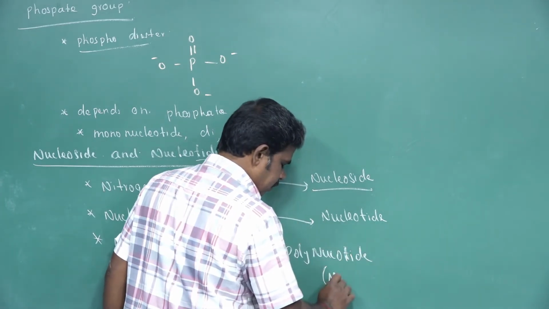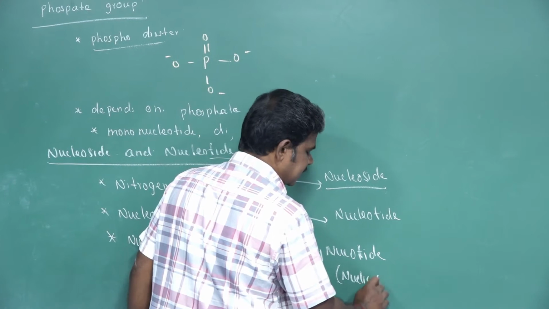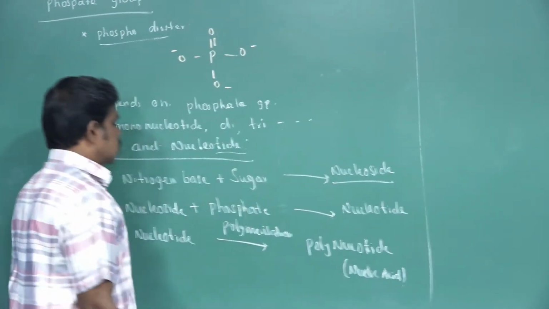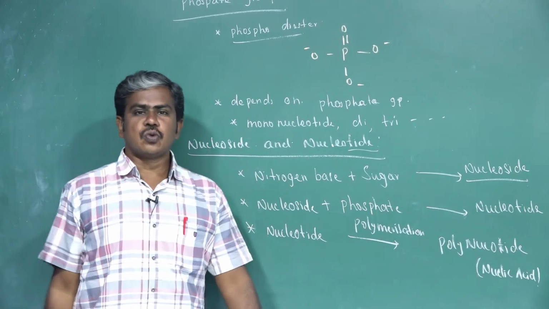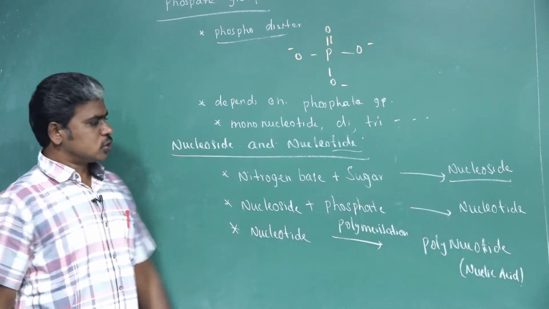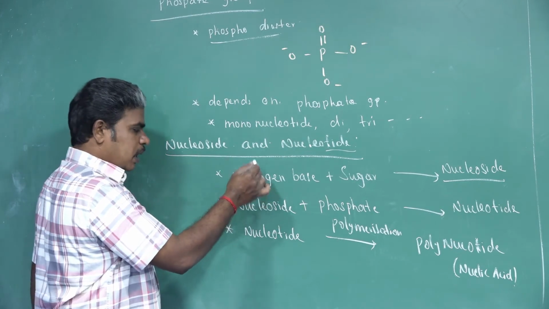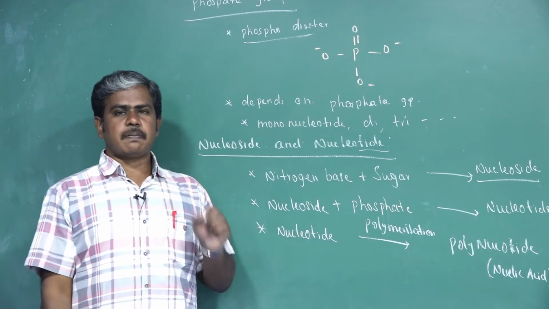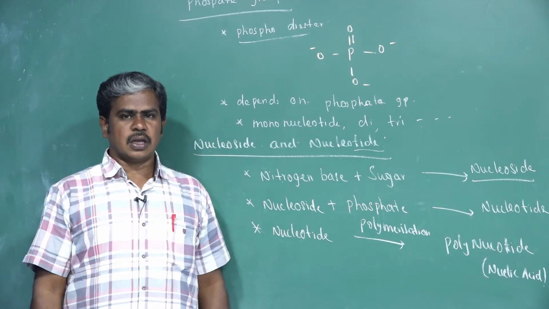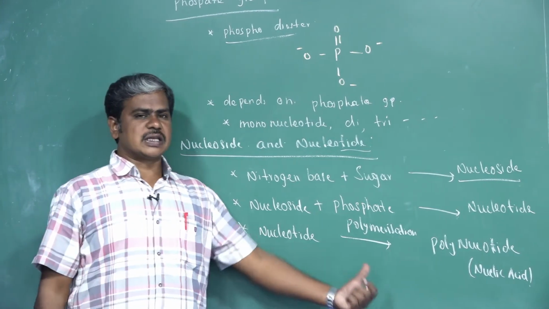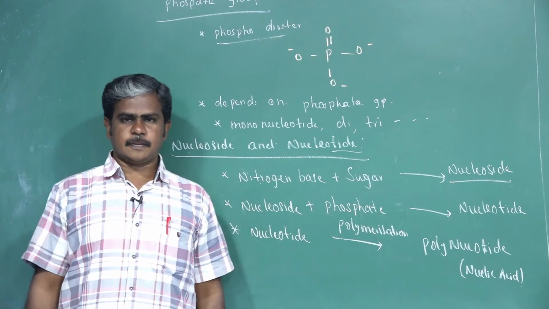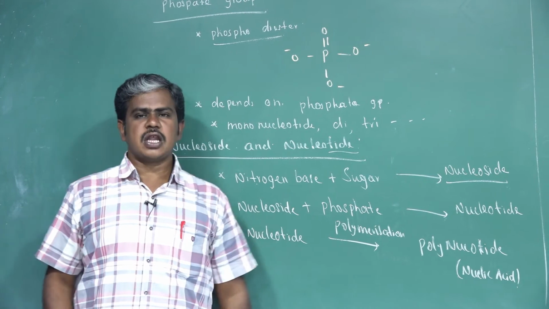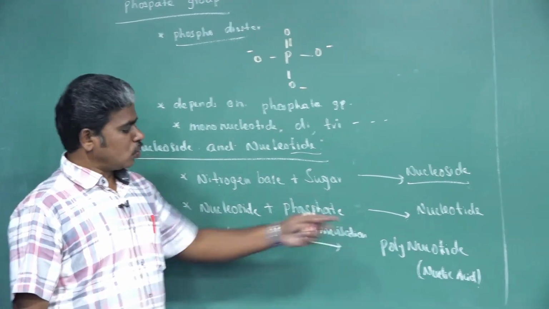So this is the difference between nucleoside and nucleotide. A nucleoside is made up of only nitrogen base and sugar without a phosphate group. If a phosphate group is added, it is called a nucleotide. Then the nucleotide on polymerization gives a polynucleotide, known as nucleic acids.